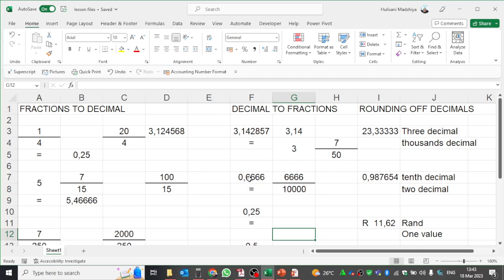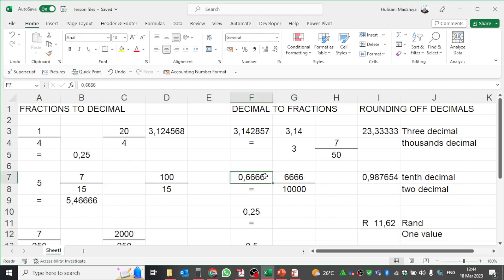Recurring decimals are very hard to convert because they continue until infinity as 0,6666666. So you might end up having to cut off some amount to get the significant value of that decimal.